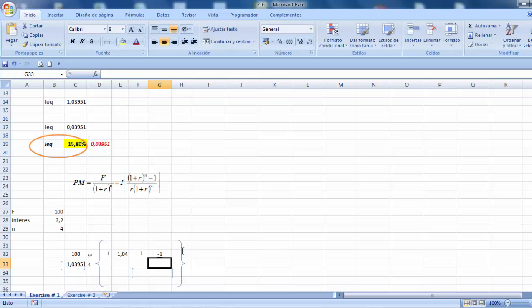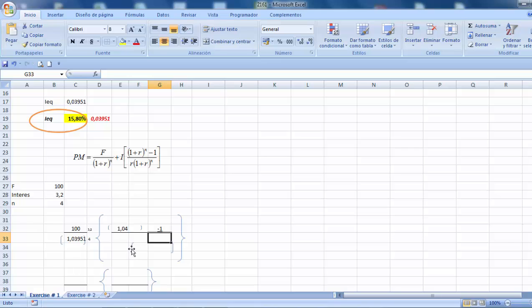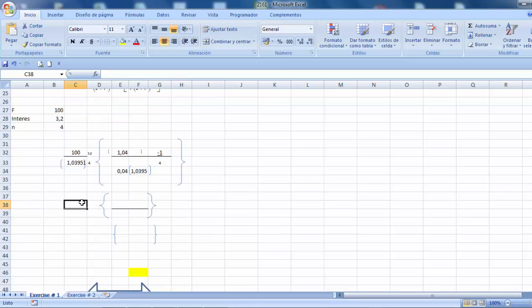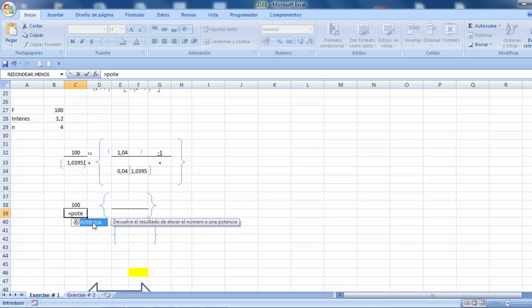Below we write the rate multiplied by 1 plus the rate elevated by 4 and proceed to resolve. So you take this 0.00951 and you write it down less 1, as I say, equal to this percent 0.05, and you resolve it, and you will get 1.0395.